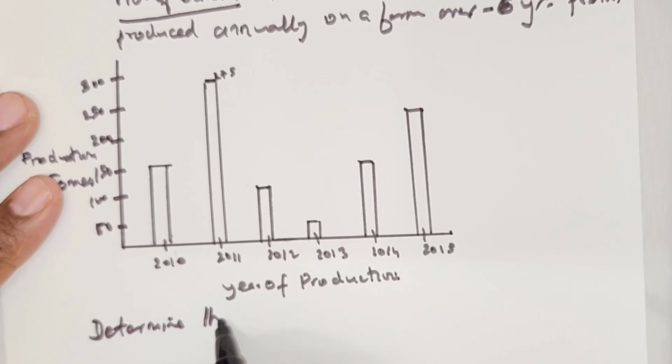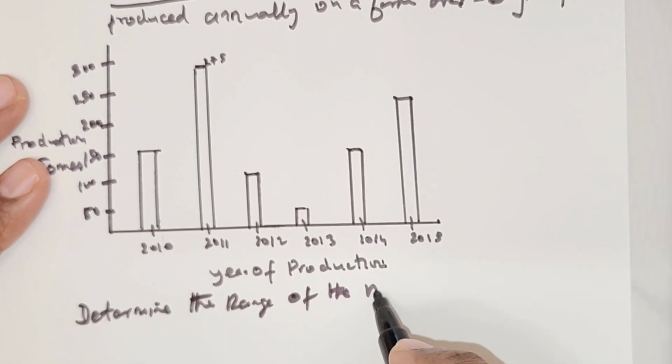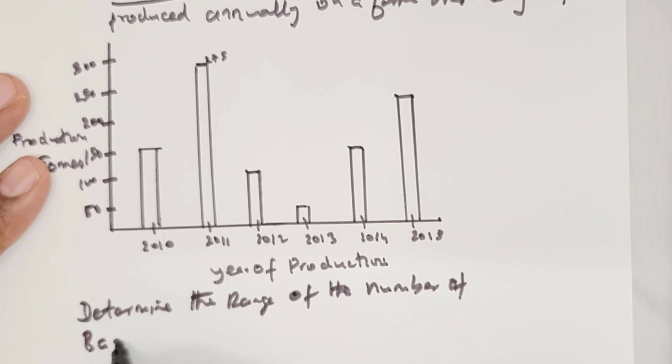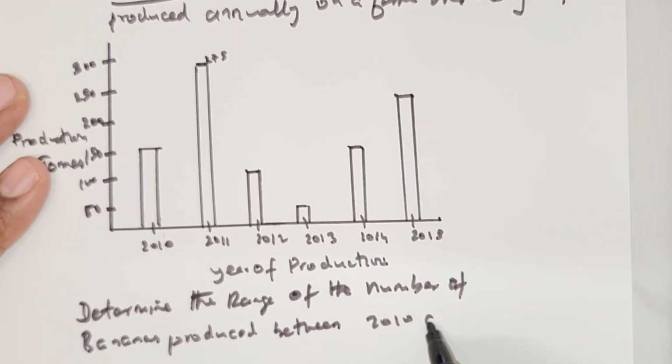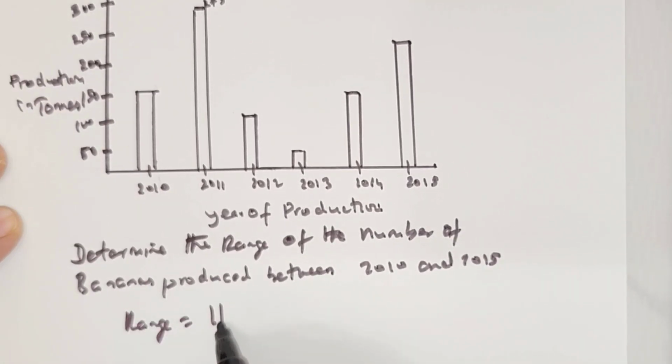Determine the range of the number of bananas produced between 2010 and 2015. So range, how do you calculate the range? This is a formula. You need to write the formula.